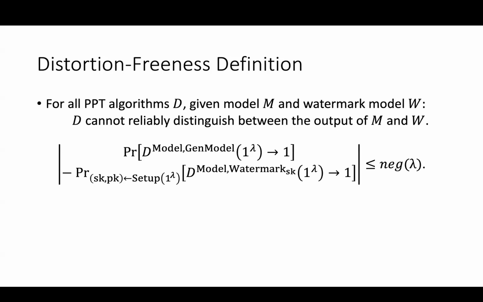We can say the same thing for distortion freeness, where I have an attacker D who has access to a model that generates watermarked text, or a model that just generates regular LLM text, and the attacker D should not be able to distinguish between the two.